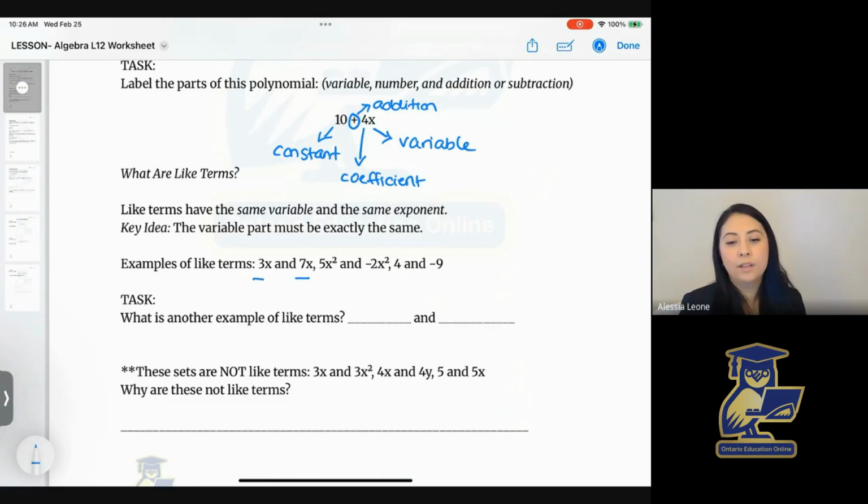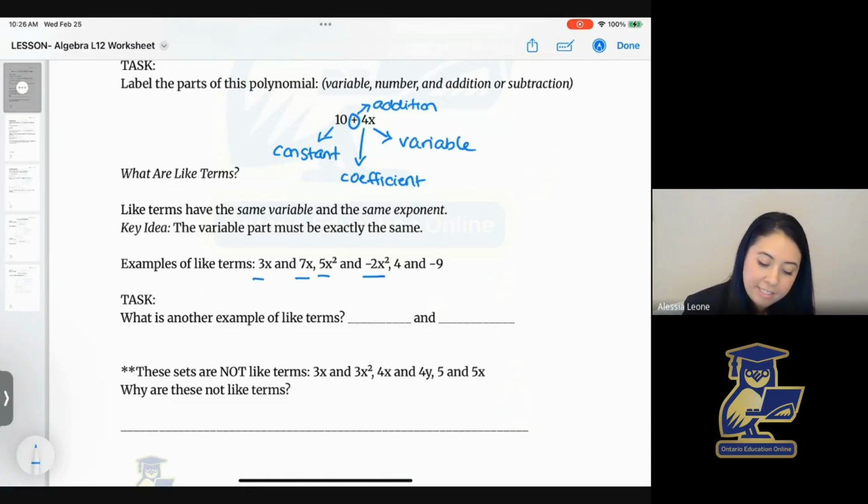Notice how the numbers are different, but they have the exact same variable, which is the x, and that x has the exact same exponent, which is 1. We can't see it, but we know it's there. 5x squared and negative 2x squared. Those are like terms because they both have x squared exactly the same.